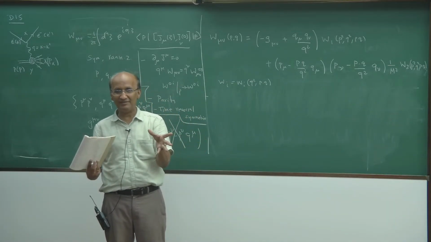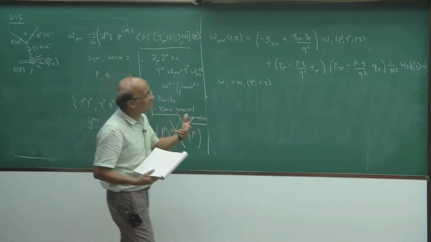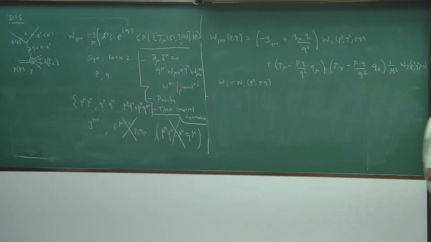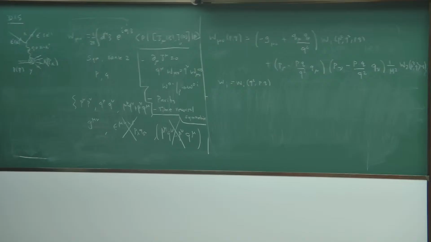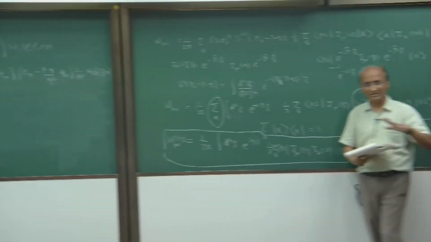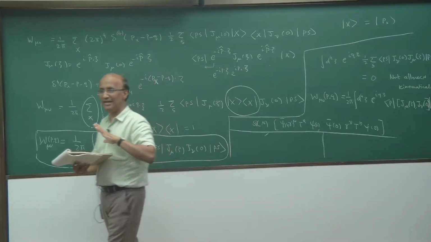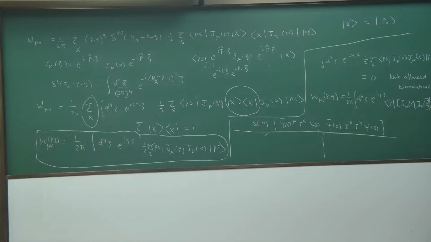That's the difference. Here we are parameterizing the product of two currents sandwiched between proton states. There is a difference between what we did last time and what we do now, so that point we should keep in mind. And in the literature, these W's are called structure functions.